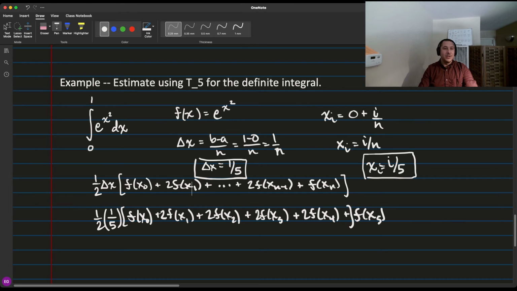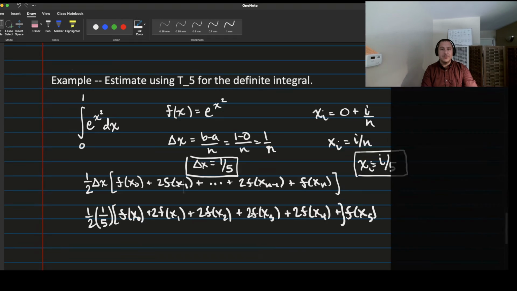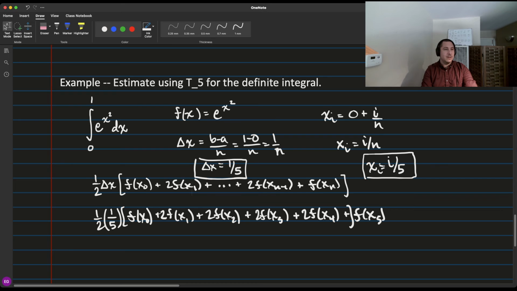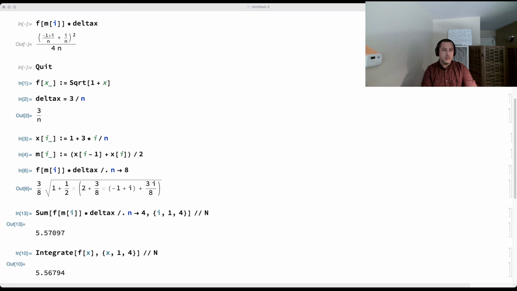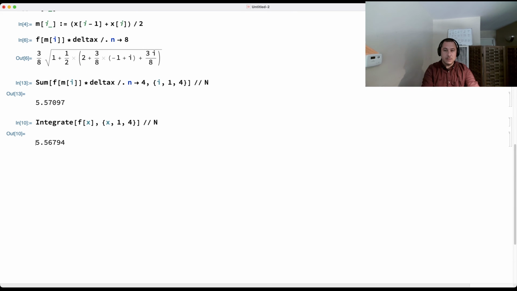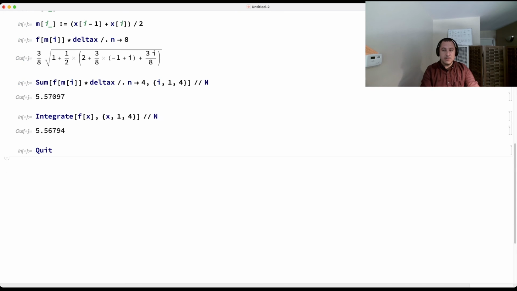Plugging all this in is sort of a pain, and it's why Wolfram is sort of helpful. So let's change our screen over to Wolfram. Let's say quit again, have it restart.